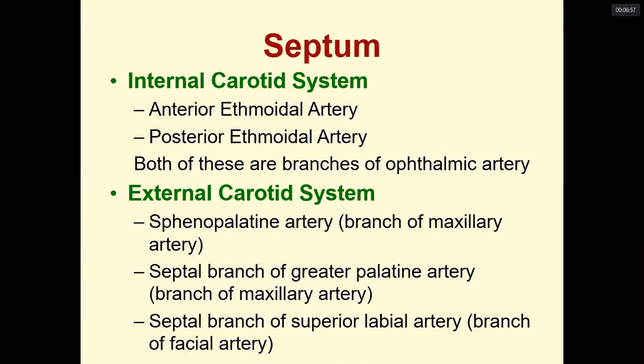They are not direct branches of the internal carotid system. The internal carotid artery gives the ophthalmic artery, and from the ophthalmic artery you get the anterior and posterior ethmoidal arteries.